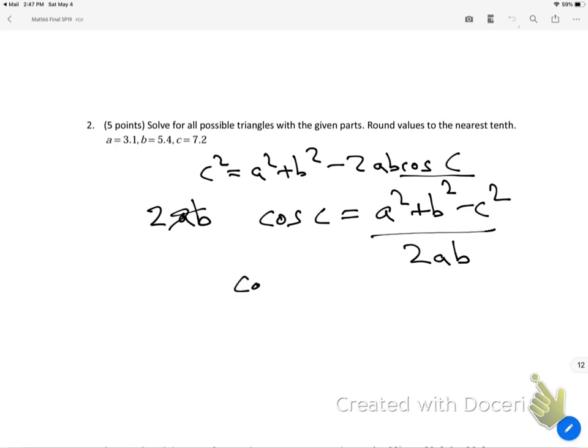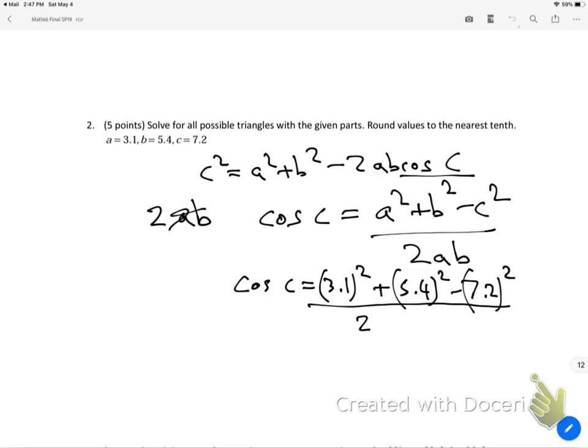So cosine of C is 3.1 squared, that's A, plus 5.4 squared minus 7.2 squared, all over 2AB: 2 times 3.1 times 5.4. That comes out to be -0.39.